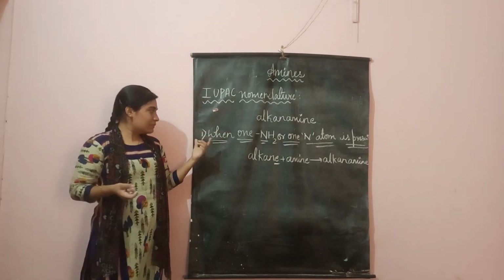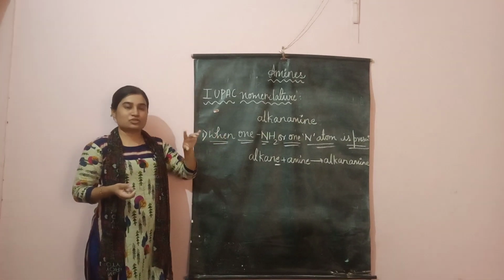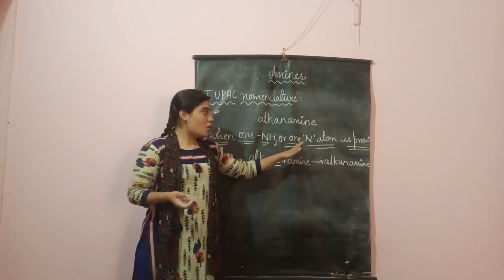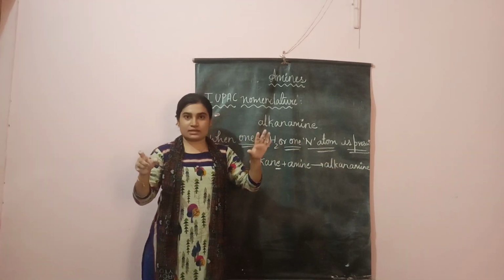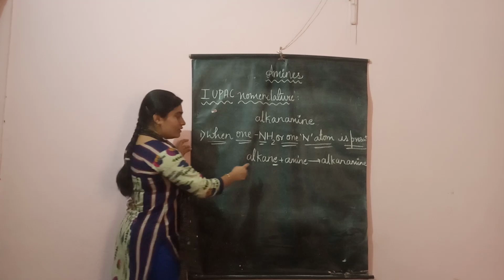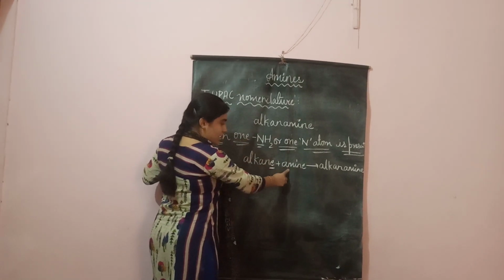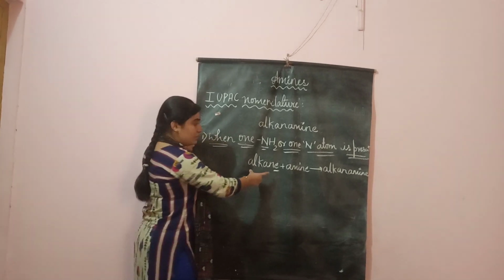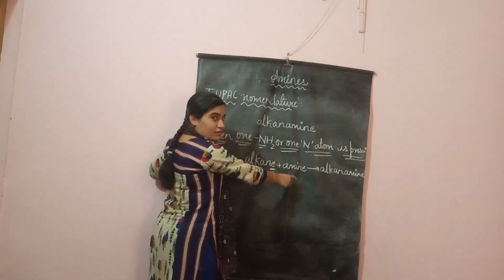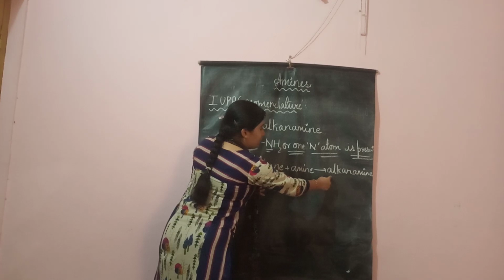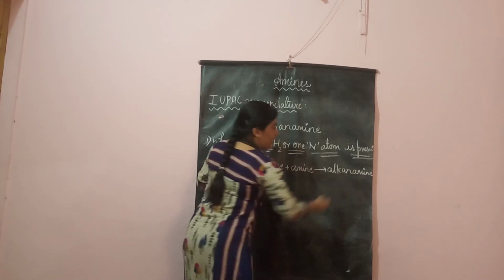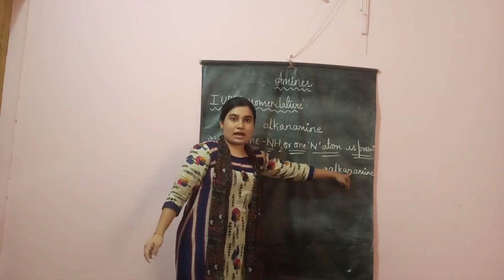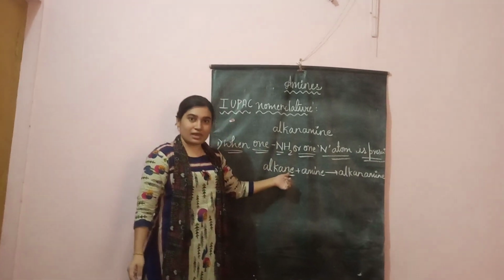So first let me see what happens if I have only one NH2 group. When one NH2 or one N atom is present in the structure, what will we be doing? See what I have written? Alkane plus amine. I write an alkane's name like methane, butane, ethane, plus amine will be written. And then what I am writing? Alkane amine. You find that E is missing. Alkane's E is missing. Here I have E in alkane.